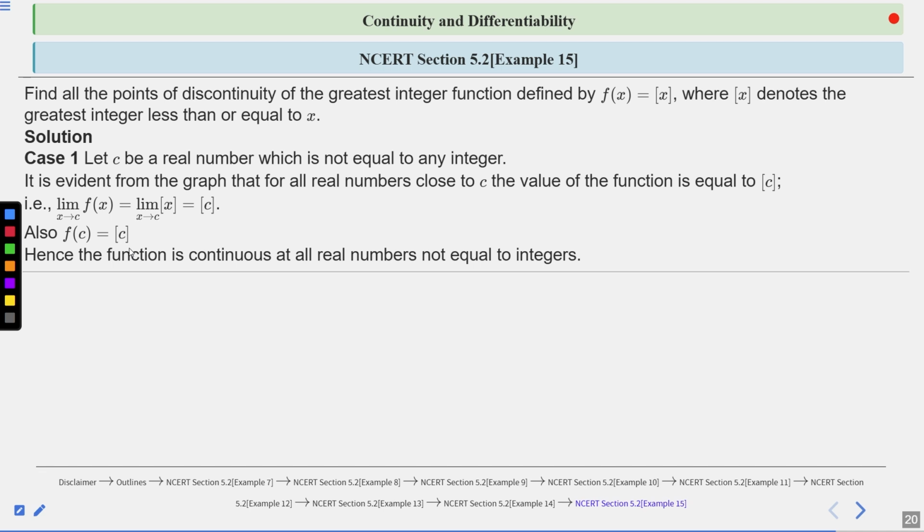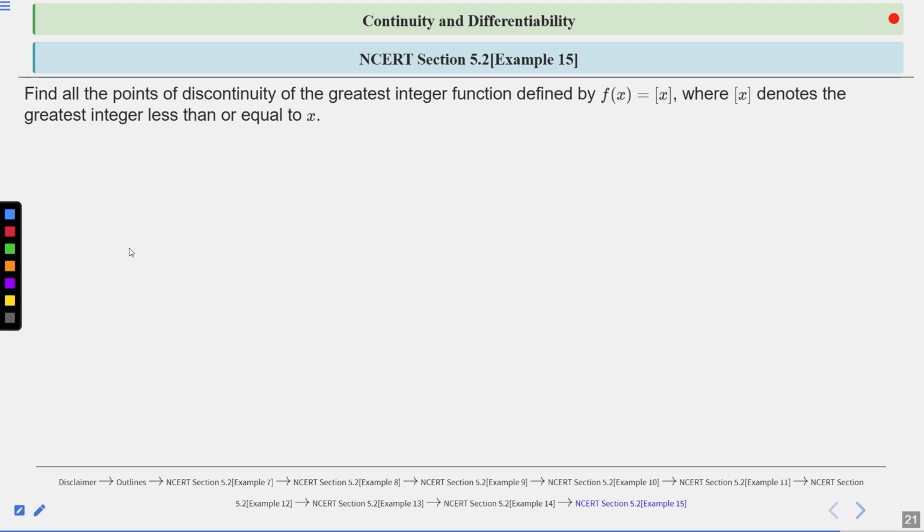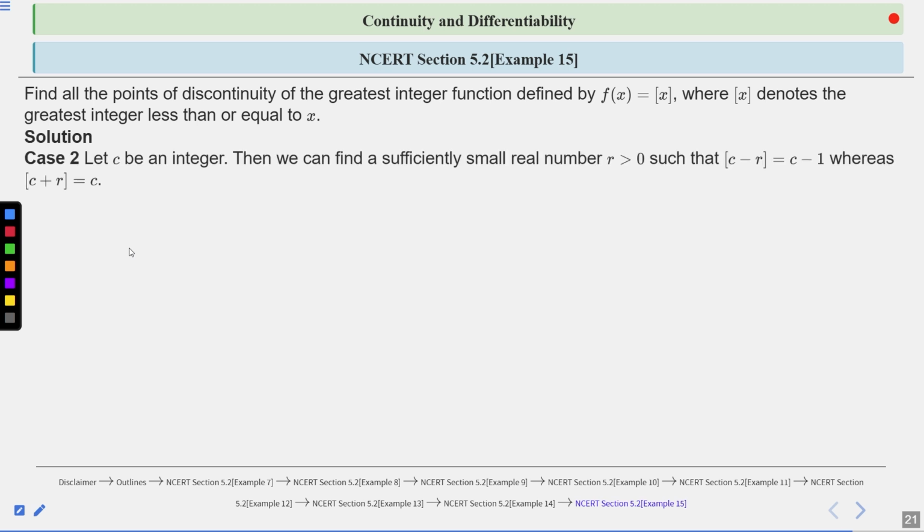At every integral point, the function will be discontinuous. Case 2: let c be an integer. Then we can find a sufficiently small real number r greater than 0 such that [c - r] is equal to c - 1, whereas [c + r] is equal to c.